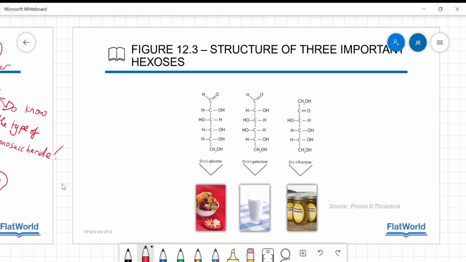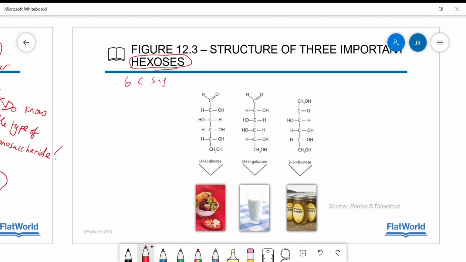Okay, this could be worthwhile knowing because there's not that many of them. But essentially some important hexoses. So this is a new vocab word, hexose. What could a hexose be? Yep, it's a sugar that has 6 carbons. A 6 carbon sugar, or monosaccharide because it's just 1 unit. Here we've got an aldehyde group.